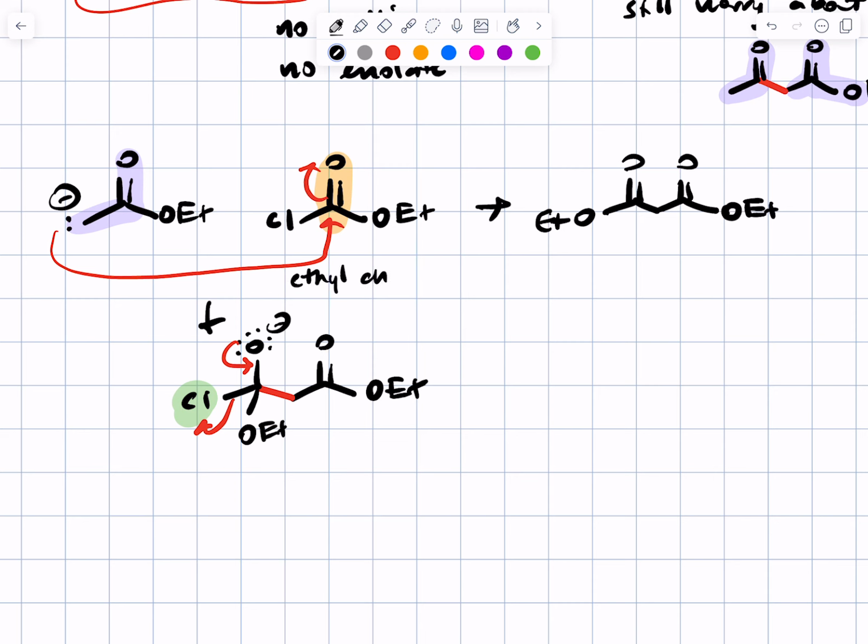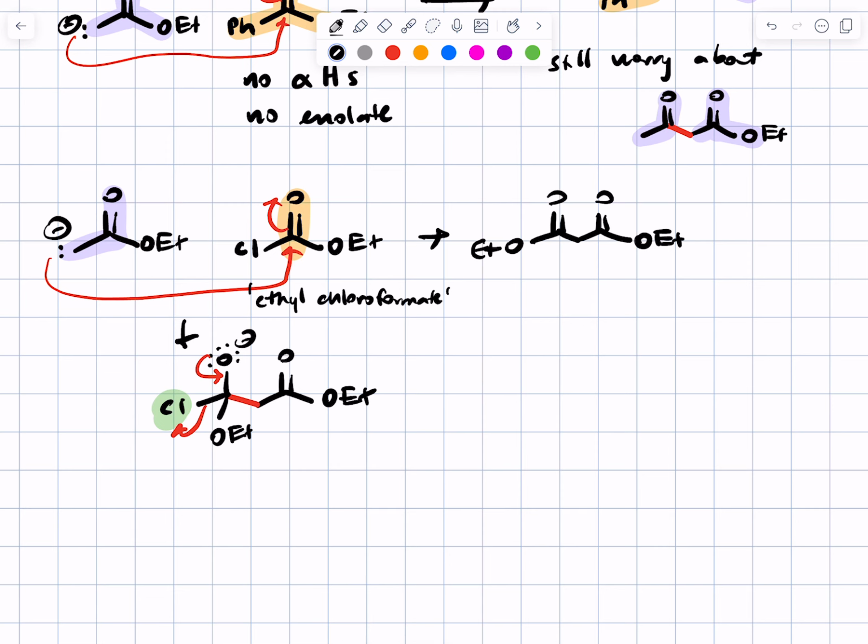that you haven't seen before, ethyl chloroformate. You don't need to know that name, but I might use it. But this is a way to use the Claisen reaction to make a molecule that you've seen before. That's a molecule from chapter 17. We used that in the malonic ester synthesis to do enolate alkylation.